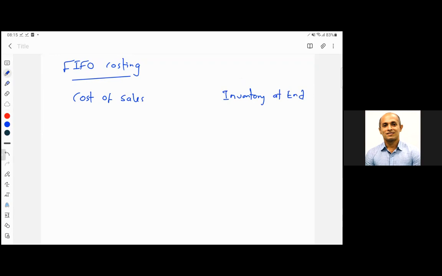Under FIFO costing, the inventory value is at recent price. Then old price comes to the cost of sales.